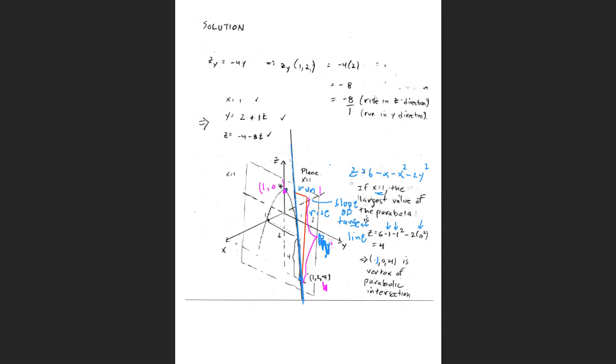That slope is going to be the partial derivative of z with respect to y.